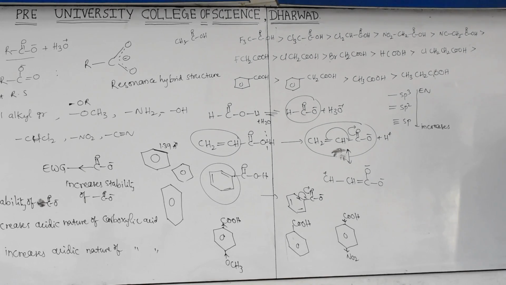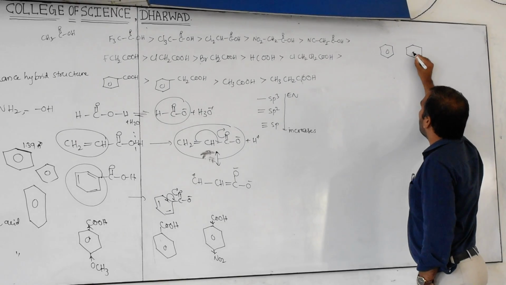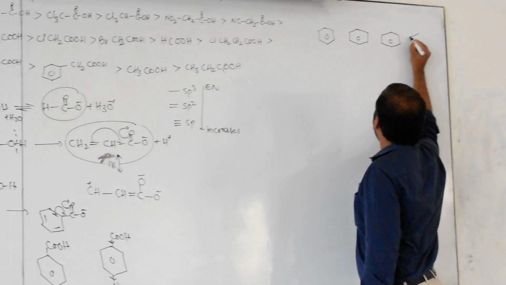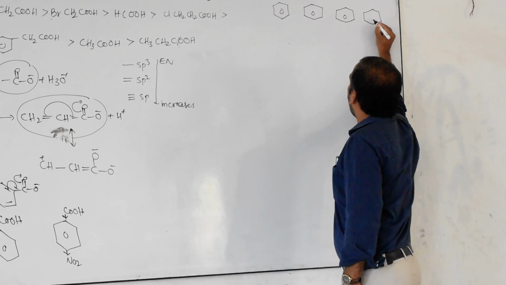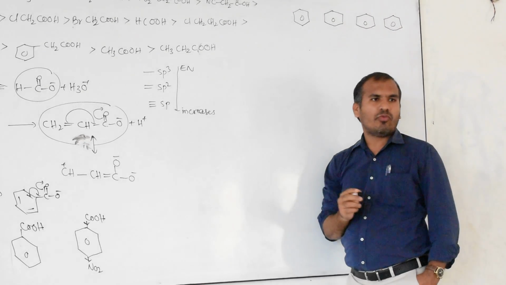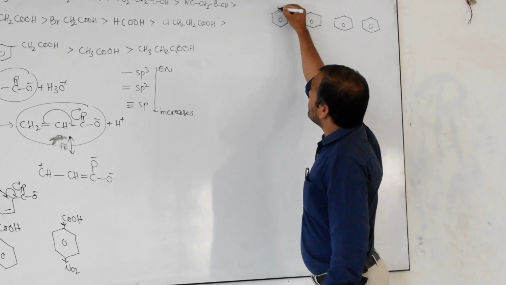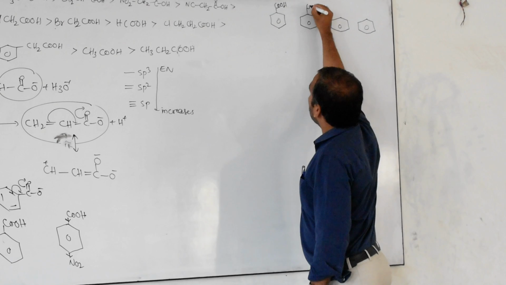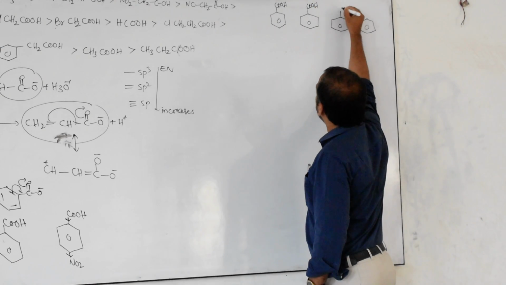This is the benzene. How many are there? 4. This is COOH, benzoic acid. COOH, benzoic acid.